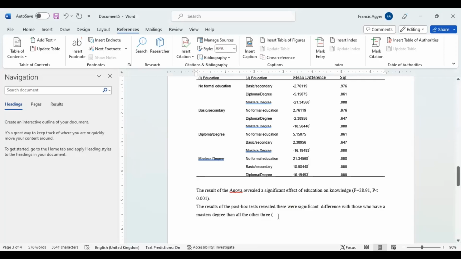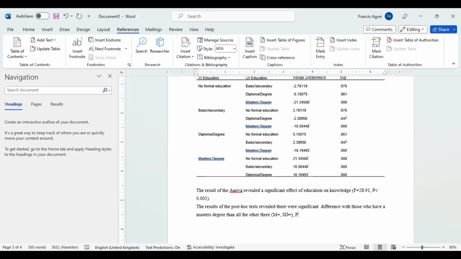So now let's quote what brings about the differences. The differences is the mean. So let's quote our means. The mean is, so M is equal to, then SD is equal to, bracket close, then I'll quote the significance level.